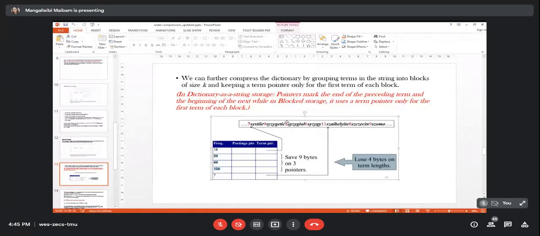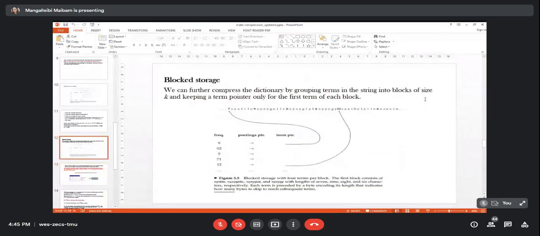But in block storage, we are giving the pointer only at the first term of each block. If there are 5 terms, then only for the first term we are going to give the term pointer, and if there are 4 words also, only for the first term. It depends on how you choose the block size. That's why it is said here: grouping terms in string into blocks of size k.